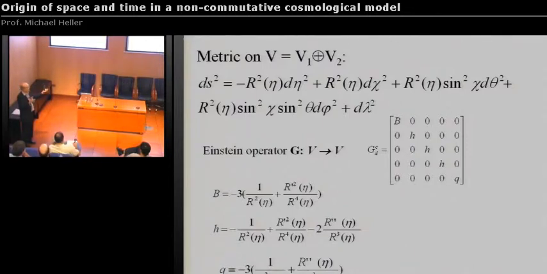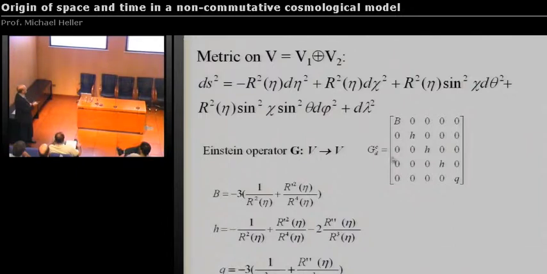And here are the Einstein equations. Now we have made one additional modification: we have changed the Einstein equations a little bit. In our case, the Einstein equations have the form of an eigenvalue equation for the Einstein operator.